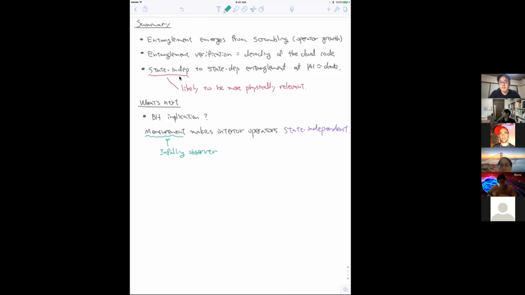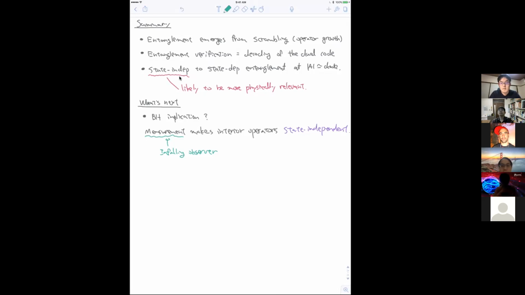Also, there is a more continuous version of this monitored circuit, what people call the Brownian circuit. That is where you apply random two-qubit Pauli unitary rotations continuously, and then you see how it evolves, and you add just a bit of projection in that formalism. This setup is actually analytically solvable, and it was solved, and it has some nice coding properties. I think it was done by a student of Brian Swingle.